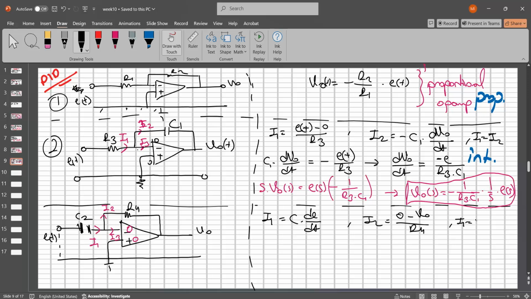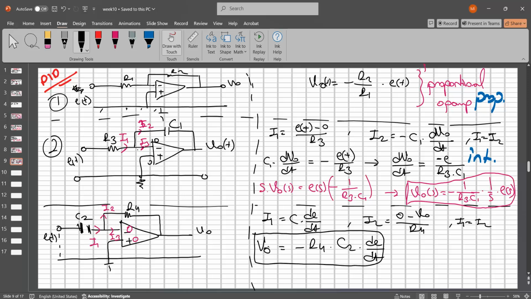And I1 and I2 are equal to each other, right? And so if this is the case, if we combine the equations, we can write that V0 must be equal to minus R4 times C2 times dE dt, right? These are the equations.